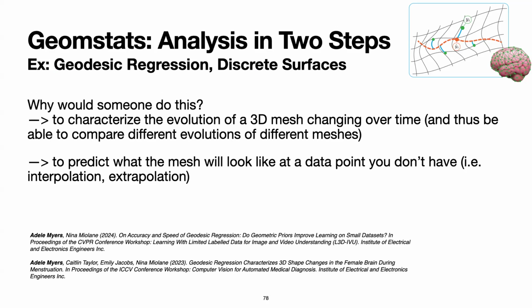For example, in my research, I study the way that the female brain responds to sex hormones, like over the menstrual cycle or over pregnancy. Can we learn the normal way to respond to these sex hormones?